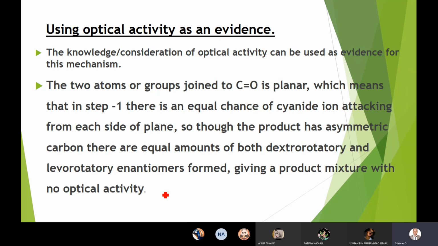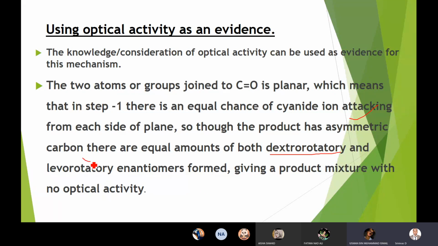So the product has an asymmetric carbon, meaning a carbon with four different groups. There are equal chances of both dextrorotatory and levorotatory enantiomers. Dextrorotatory rotates plane polarized light in a clockwise direction, and levorotatory rotates the light in an anti-clockwise direction.